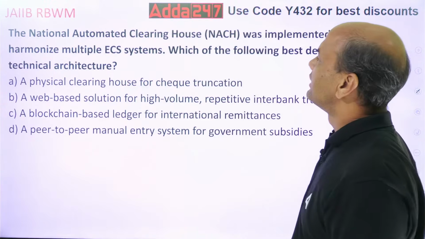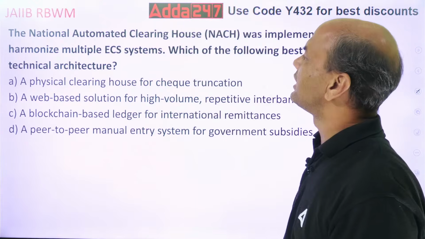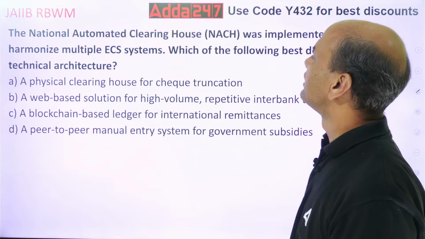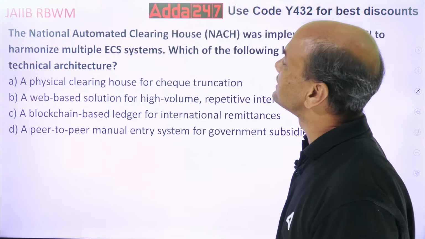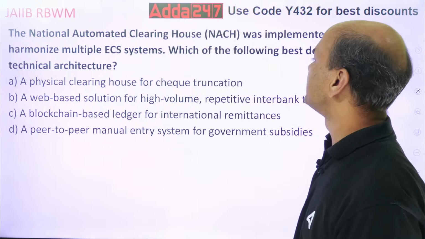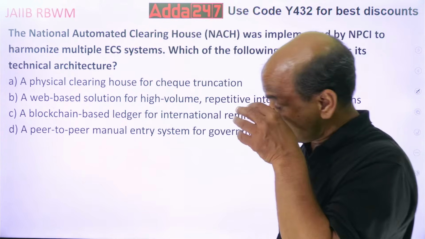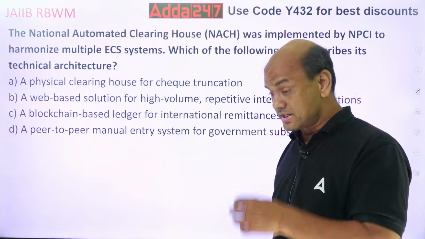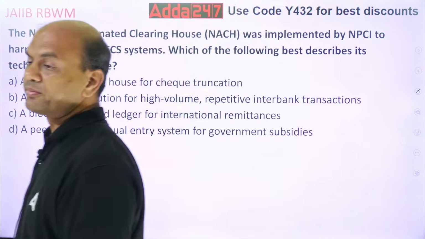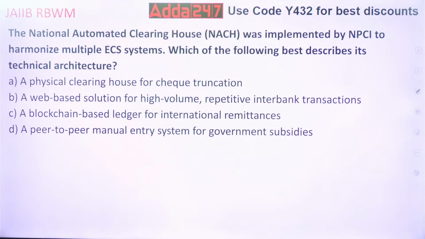NACH, National Automated Clearing House, was implemented by NPCI to harmonize multiple ECS systems. Which of the following best describes its technical architecture? Which of them gives the idea about NACH?